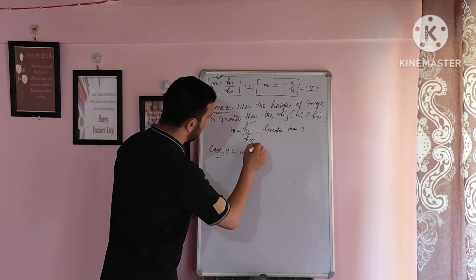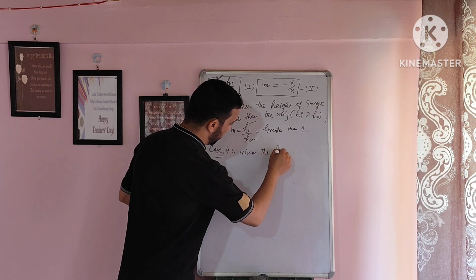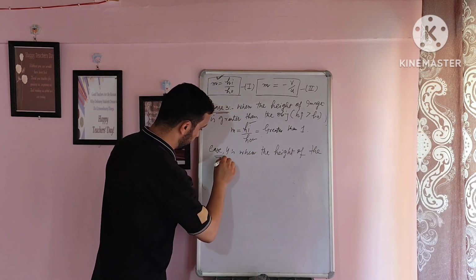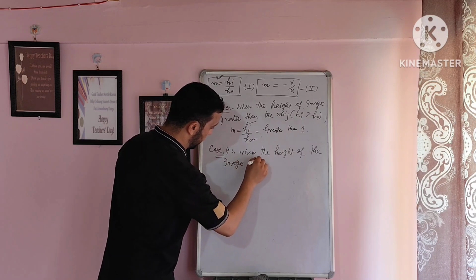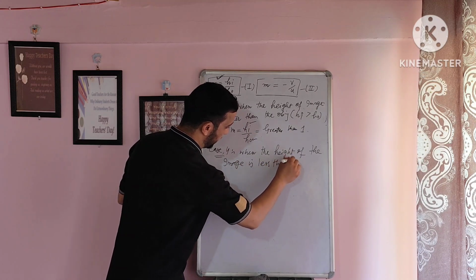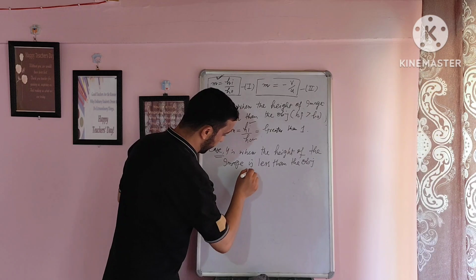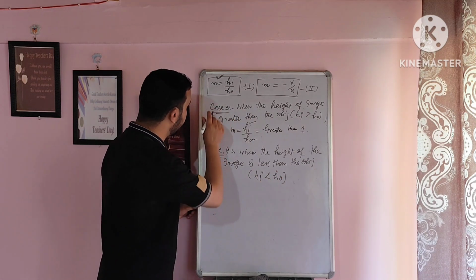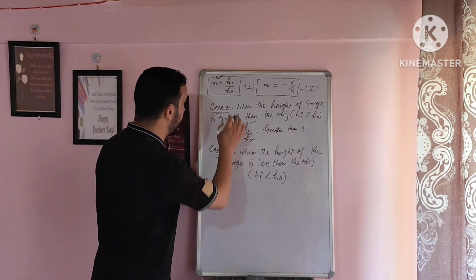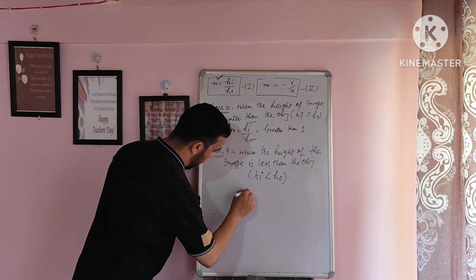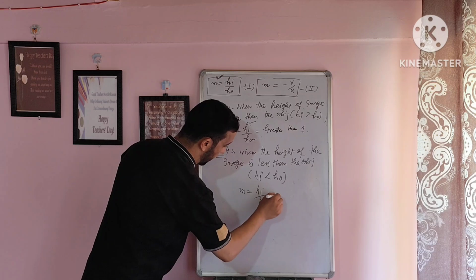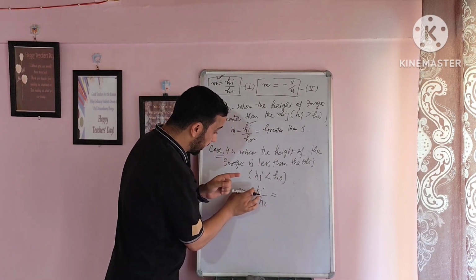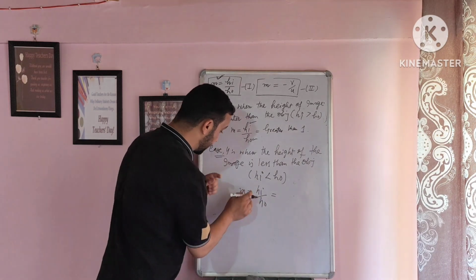Okay, now we have case number 4. When the height of the image is less than the object, that is Hi is less than Ho, we can use again magnification formula number first, M equals Hi upon Ho, and from case number 4, Hi is less than Ho, that is the numerator is less than the denominator.